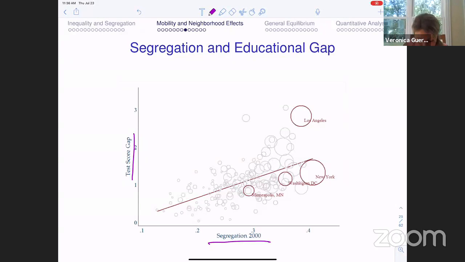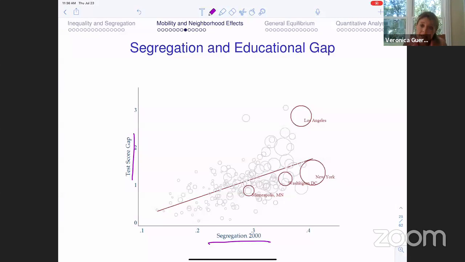And if you do that, you can see again that metro areas that experience higher levels of segregation also have a more extreme gap in the attainment of the kids in school.